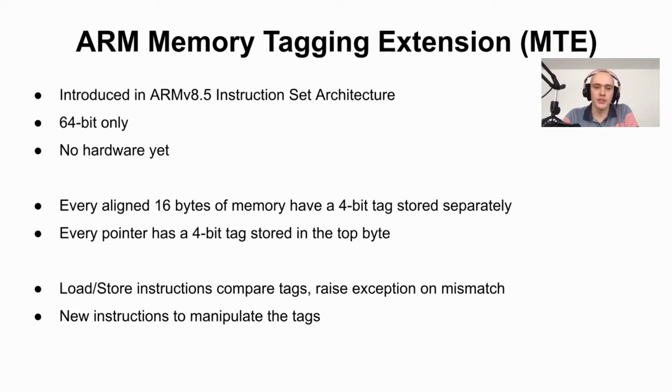The 4-bit tag is stored in the top byte, so ARM memory tagging also relies on top byte ignore. With MTE, the load and store instructions compare tags in hardware and make sure that the tag on the pointer matches the tag on the memory. And of course, we have new instructions to manipulate the tags, like setting tag values and so on.